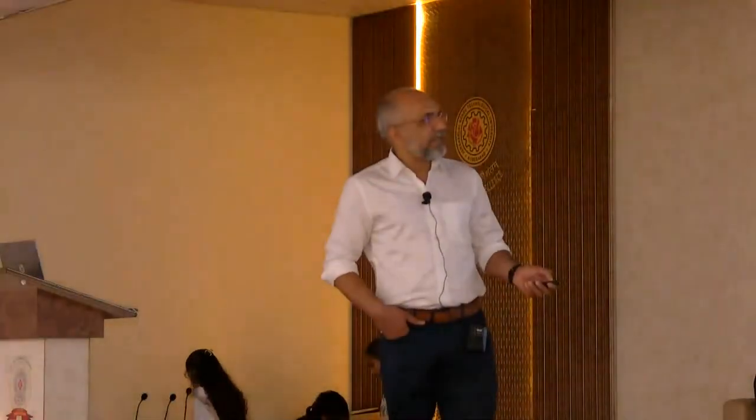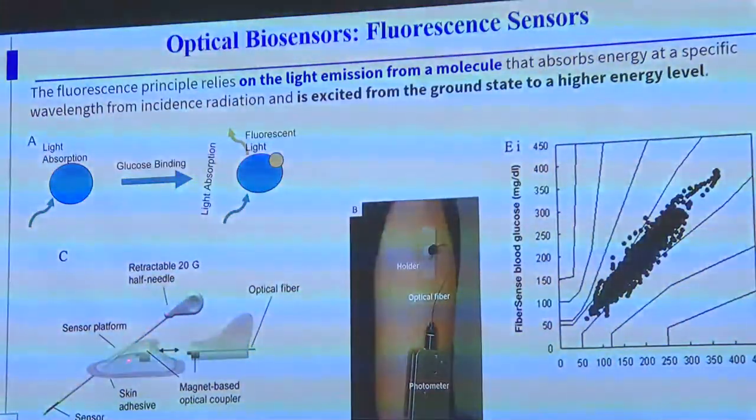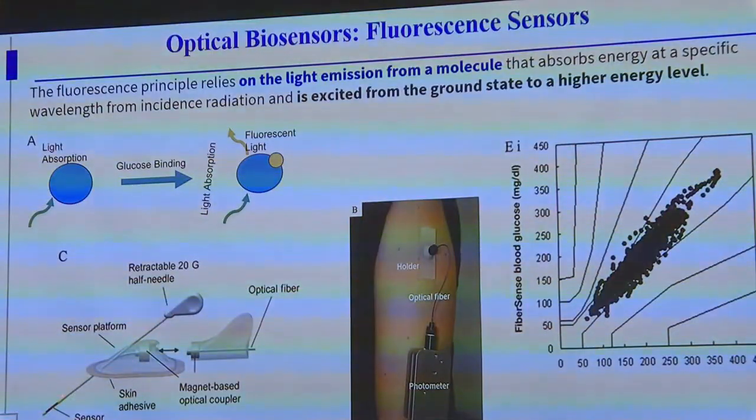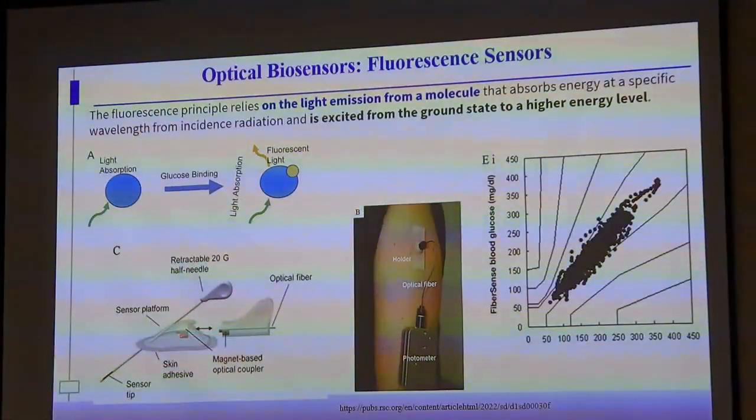It's a very simple schematic here, and that's a tiny device. So you see this is a sensing platform, and here is a tiny sensor kit, and then you have an optical fiber, and this optical fiber will get the signal from this magnet-based optical coupler. So this is a super tiny device.